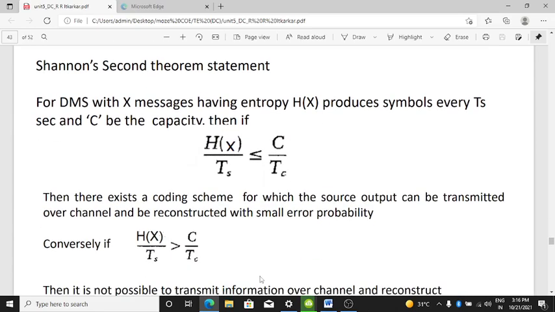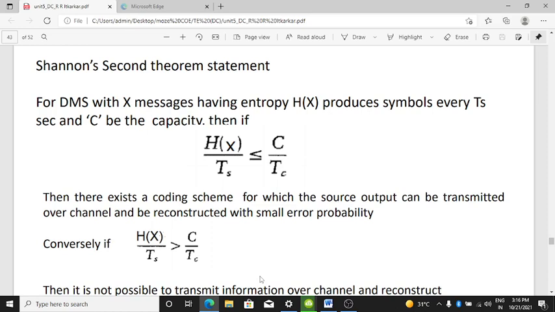Shannon's second theorem: for a DMS with messages having entropy H of X that produces a symbol every Ts seconds, and C being the capacity, if H of X upon Ts is less than or equal to C by Tc, there exists a coding scheme for which the source output can be transmitted over the channel and reconstructed with small error probability.